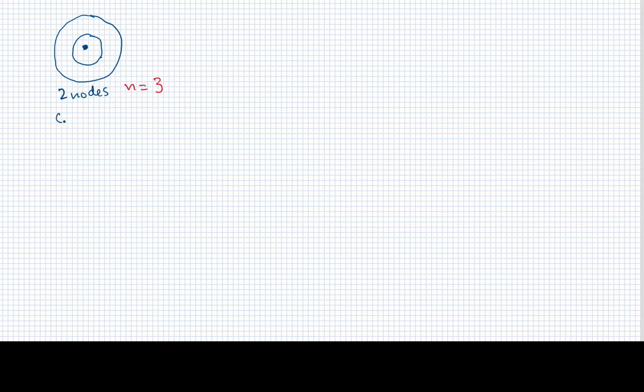So for that reason, I would say there are 0 angular nodes in this state. So that means that my L value in this case is going to be L equals 0. Okay, well that corresponds to an s orbital. So this would be a way of representing the 3s orbital of the hydrogen atom.